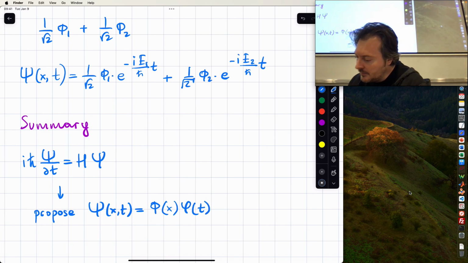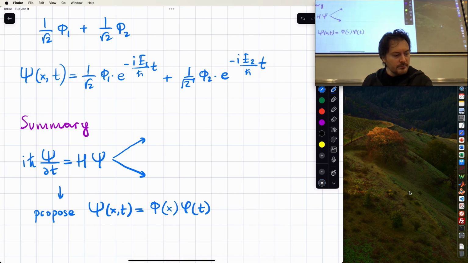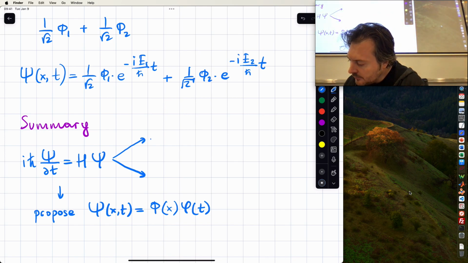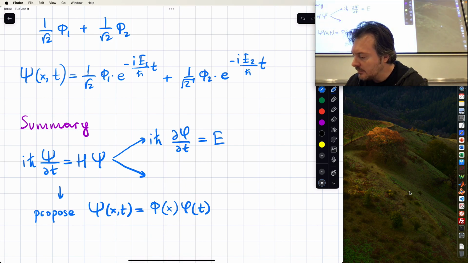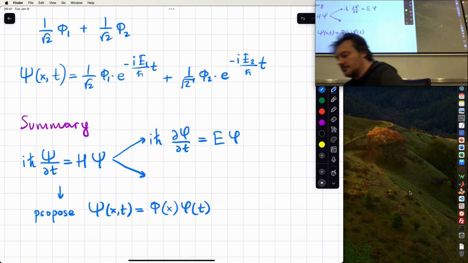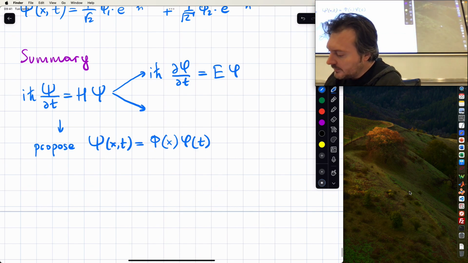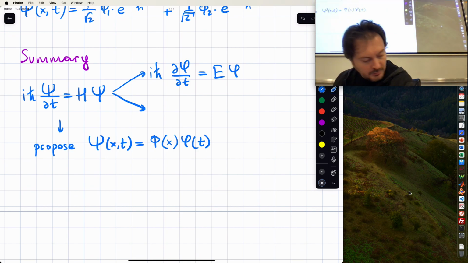And then from this we separate this into two equations. The first one is i h bar del phi over del t equals E phi. And this part, we will come to that part.